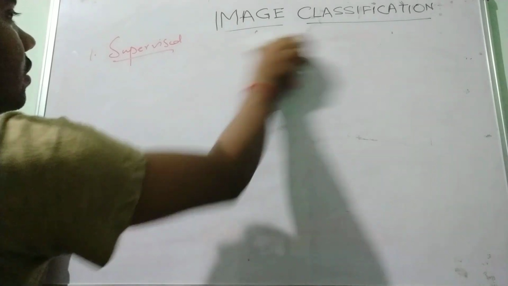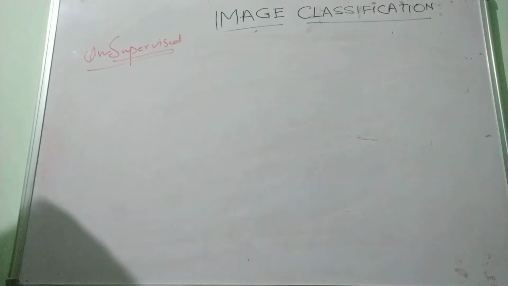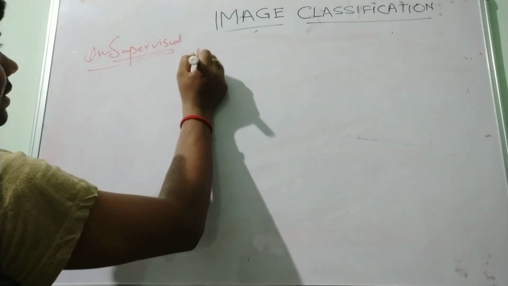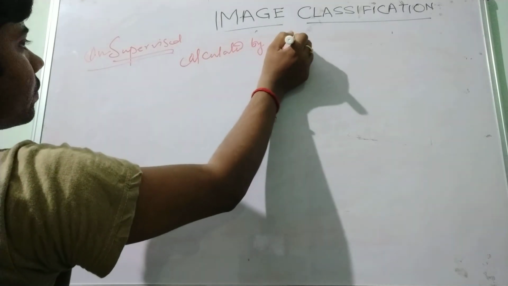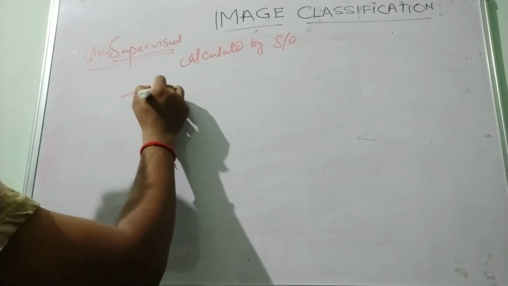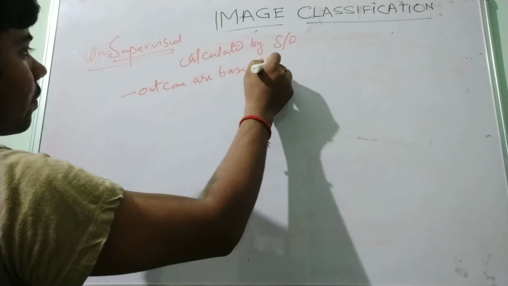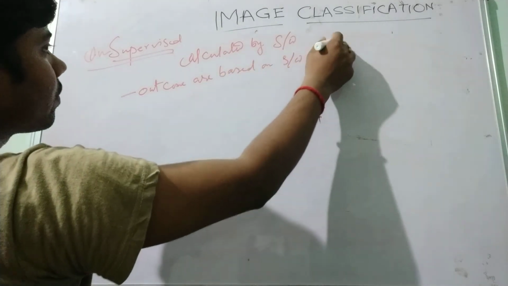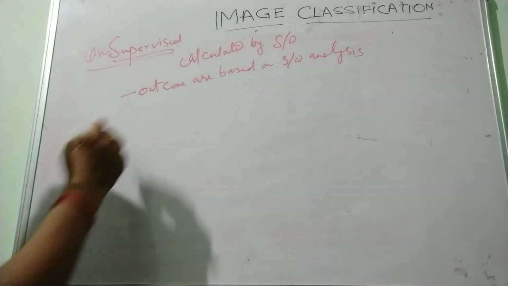Whereas unsupervised classification is calculated by the software, especially image processing software. Here the outcomes are based on the software analysis without using any sample classes.